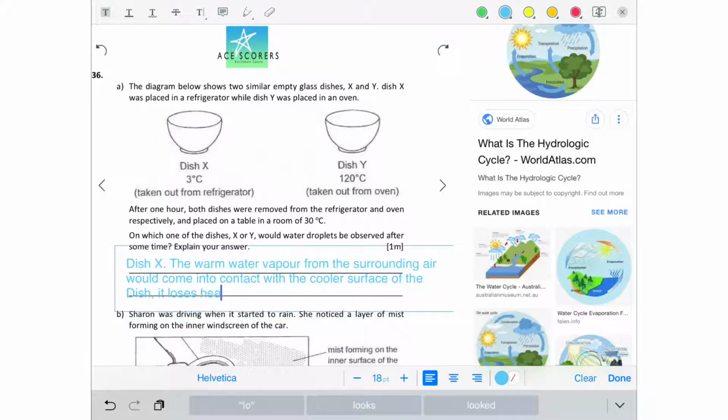It loses heat and condenses into water droplets.